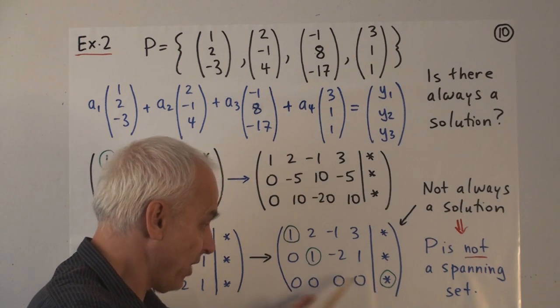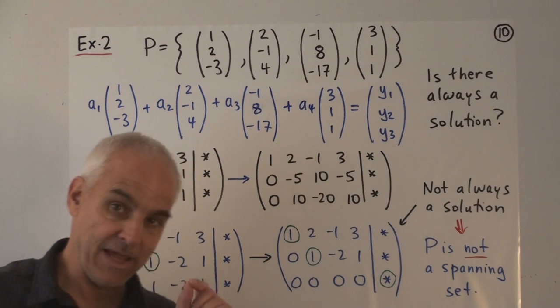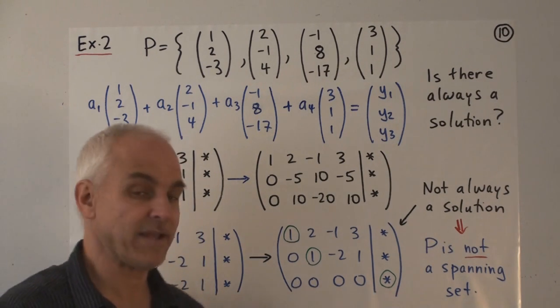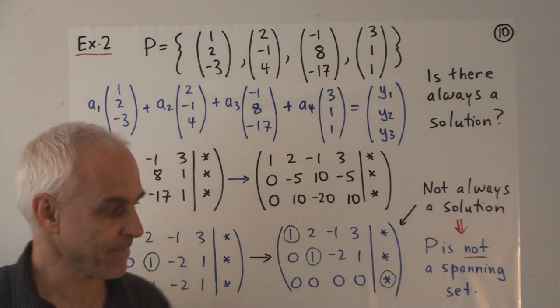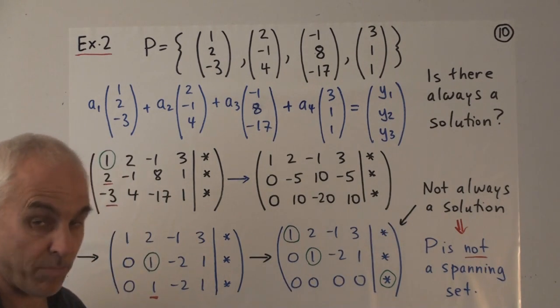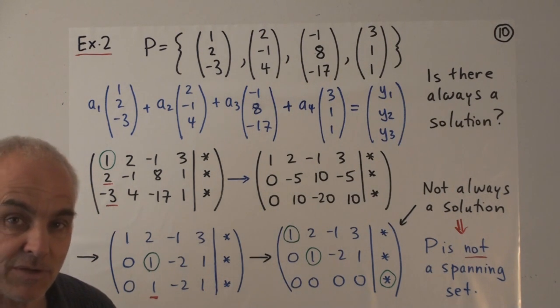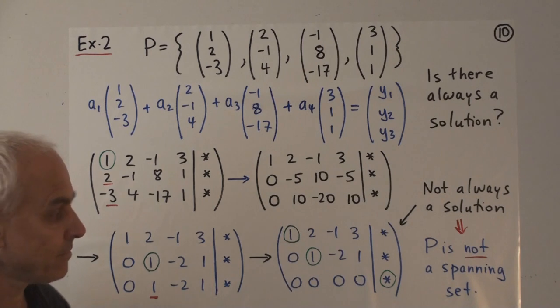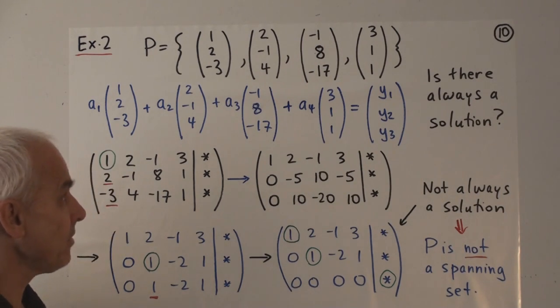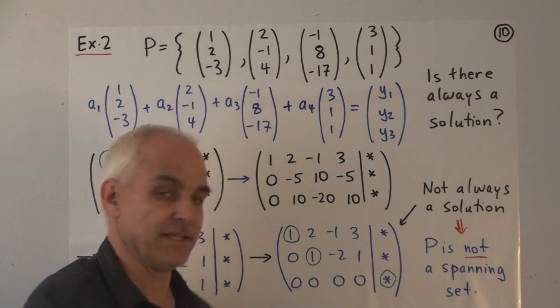And if that's non-zero, then that row there, which has this entry as a leading entry, is a row that cannot have a solution. So the fact that this is a leading column, or potentially a leading column, means that this does not always have a solution. And so, the original set of vectors is not a spanning set.